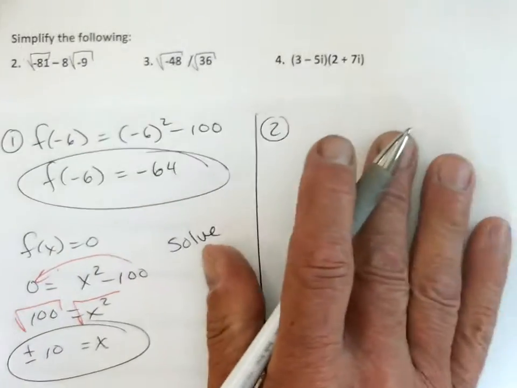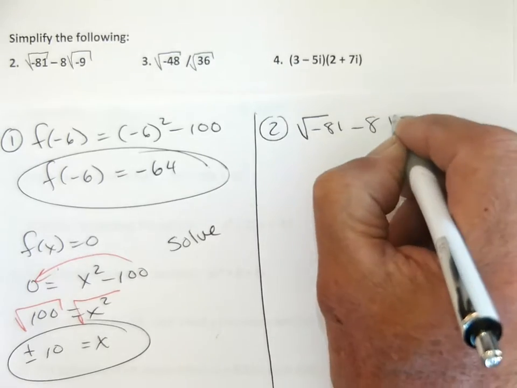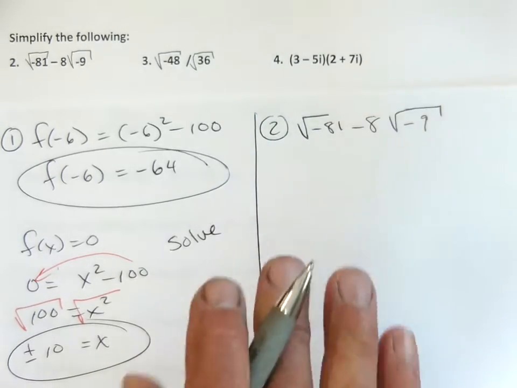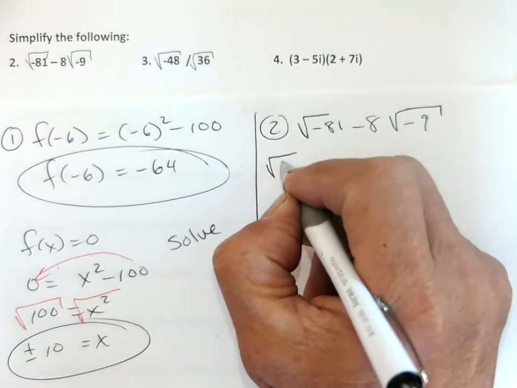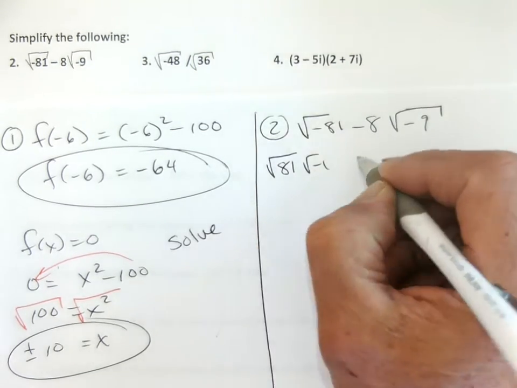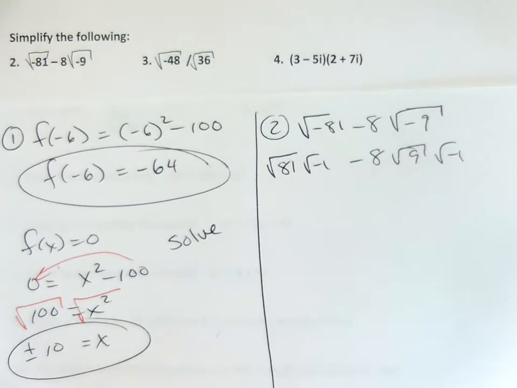Number 2, I've got the square root of negative 81 minus 8 times the square root of negative 9. So I'm going to have some i answers. So I'll rewrite the square root of 81 times the square root of negative 1 minus 8 times the square root of 9 times the square root of negative 1, right?